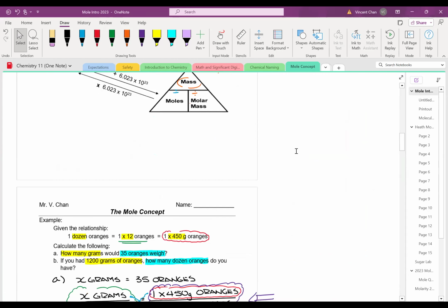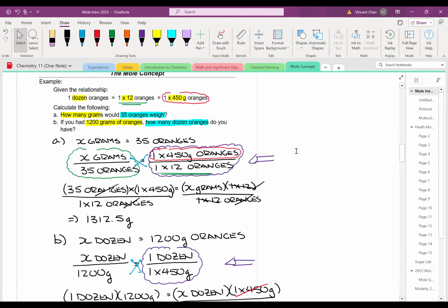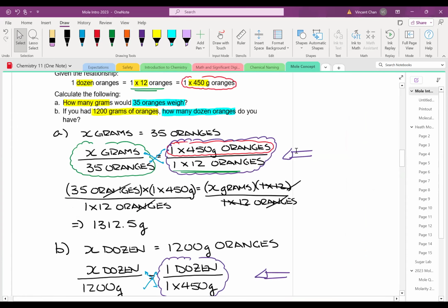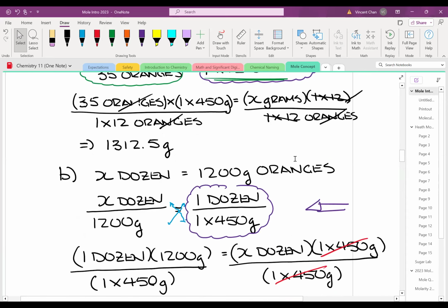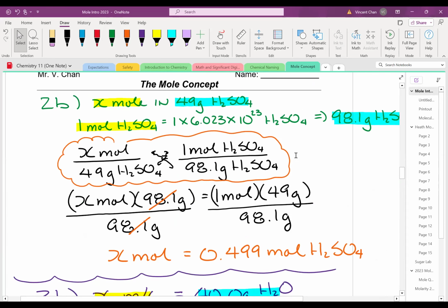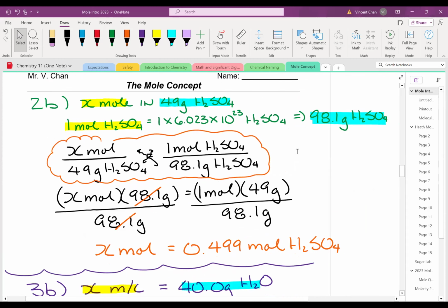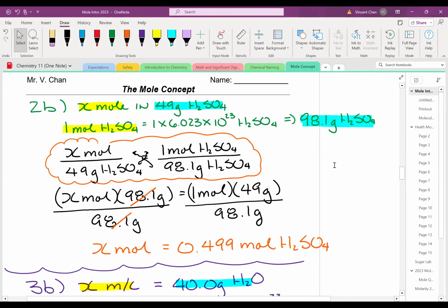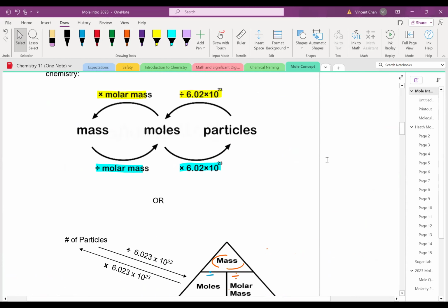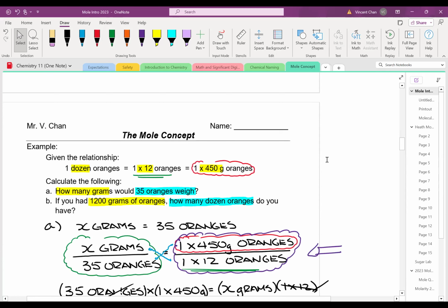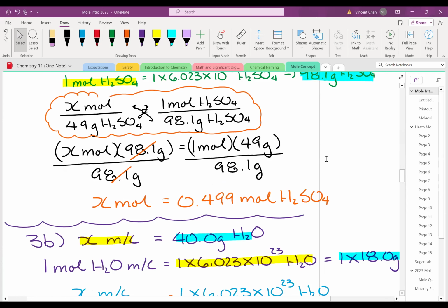But my suggestion would be to start doing unit conversions, like this cross multiplication where you are looking at ratios, and this will get you a lot further ahead. It builds on your understanding. I don't mind you doing your questions if you do this particular sheet, but my recommendation is you should start moving towards doing it this way, crossing out the units and looking at ratios.